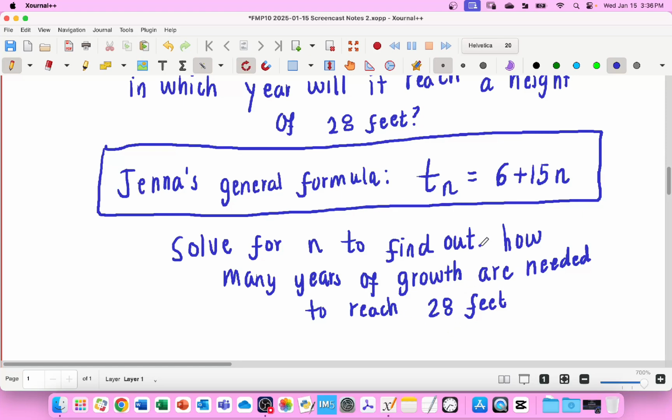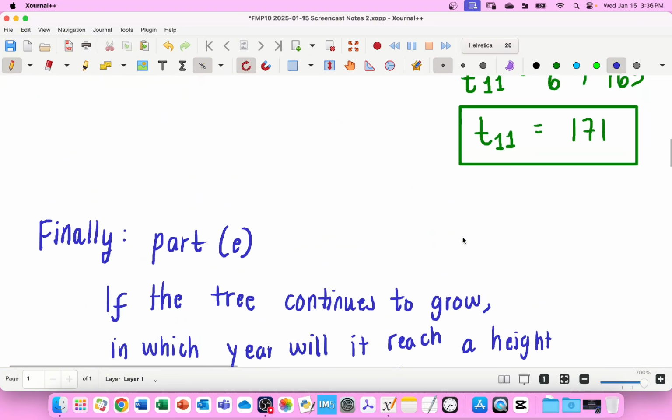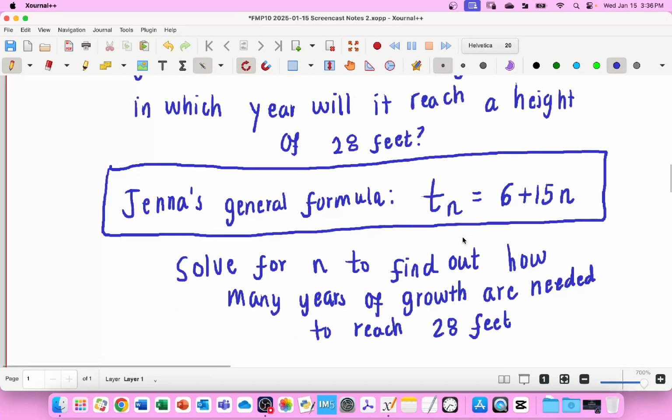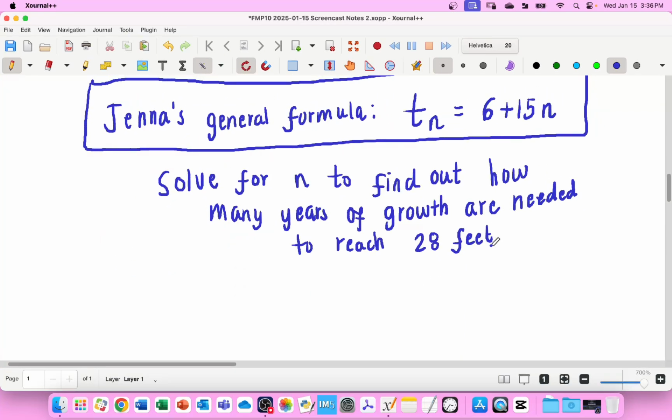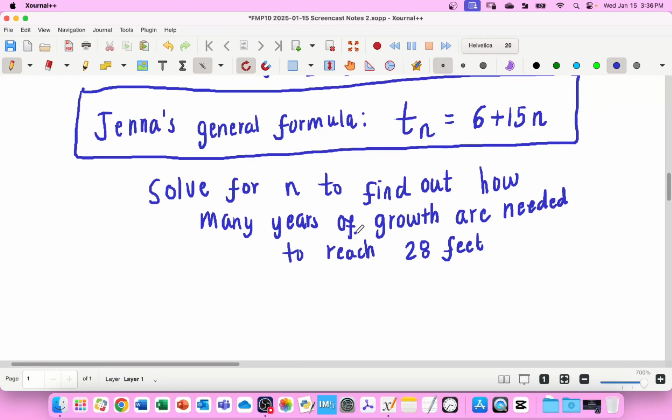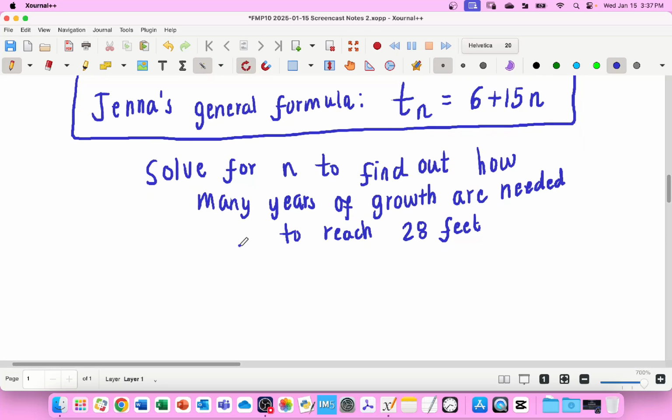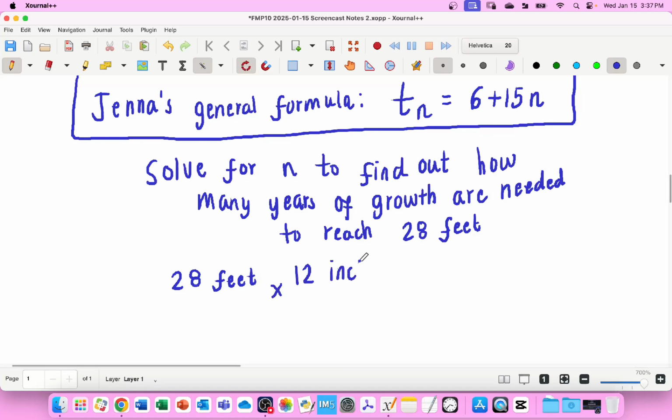So, all right, one weird thing is, we're talking about inches. So conversion: 28 feet, and there are 12 inches per 1 foot.